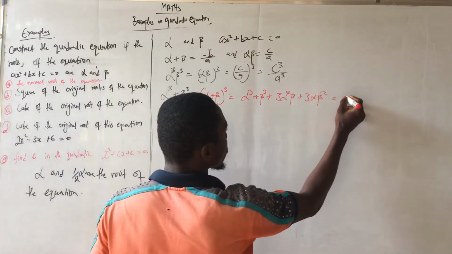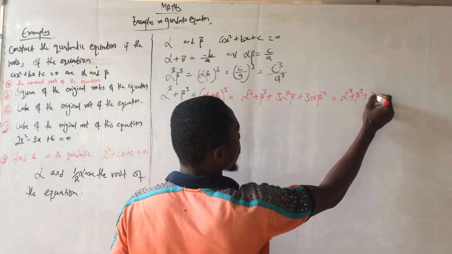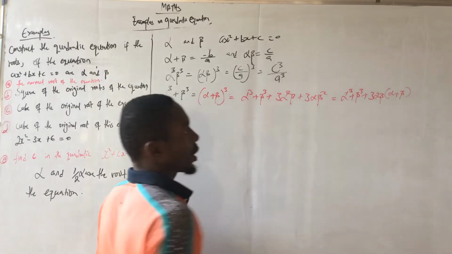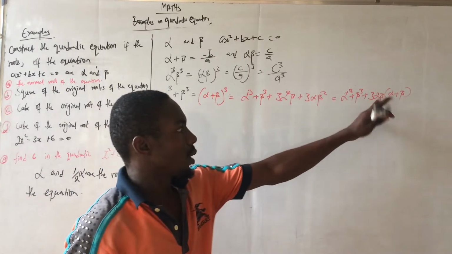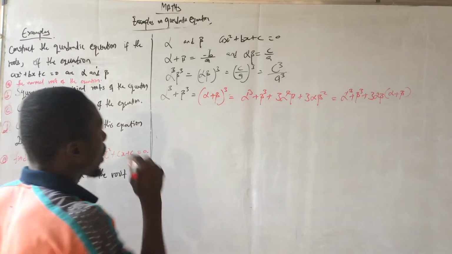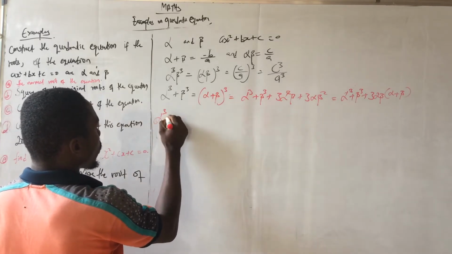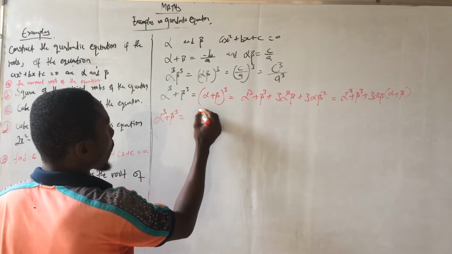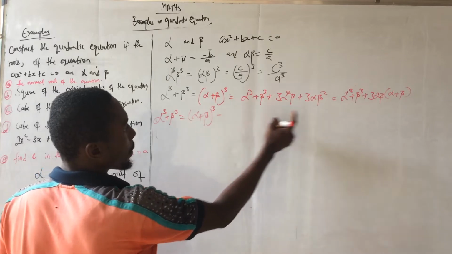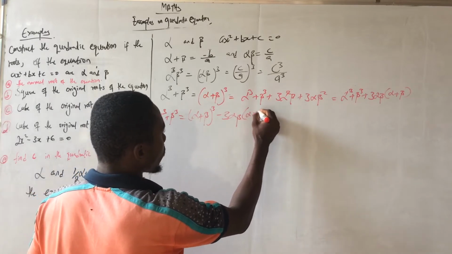Furthermore, this gives alpha cube plus beta cube plus 3 alpha beta times alpha plus beta. This is what I'm going to use. So alpha cube plus beta cube is equal to alpha plus beta all cubed minus 3 alpha beta times alpha plus beta.